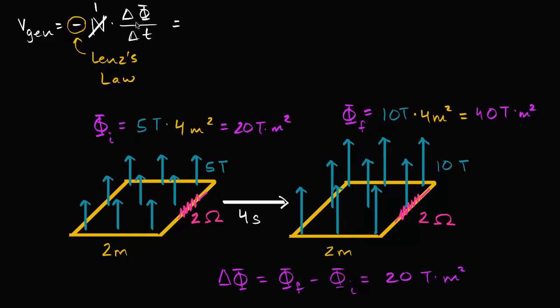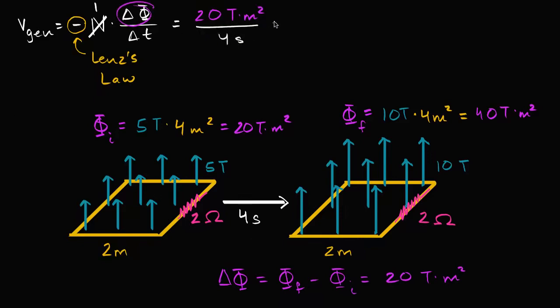So the real key here, at least for this example, is to find our change in flux over change in time, or our average rate of change in flux. And what is this going to be? Well, this is going to be 20 Tesla meter squared, that was our change in flux right over there, divided by our change in time, which is 4 seconds.